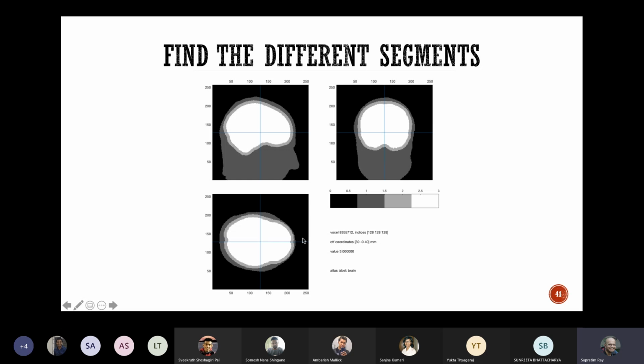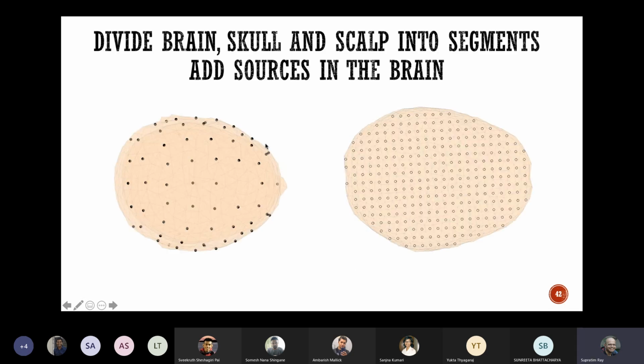So now you have the brain, the cerebrospinal fluid, the bone, and the scalp, and you assume that they have some fixed conductivities, and then you parcelate each of these segments into meshes. So these you can see in these faint triangles. So there are three different layers now, and these electrode locations, these dots, are also provided to you.